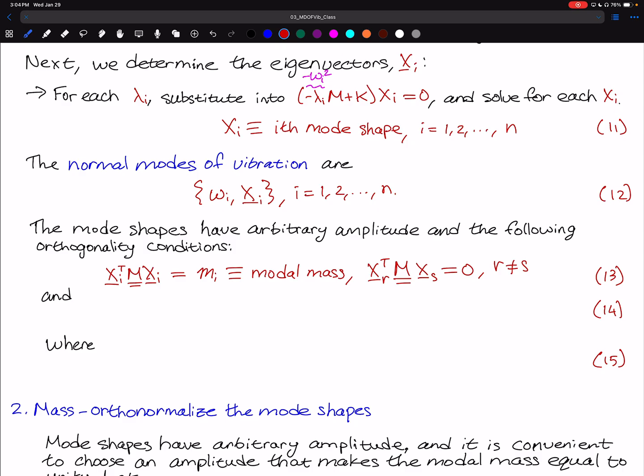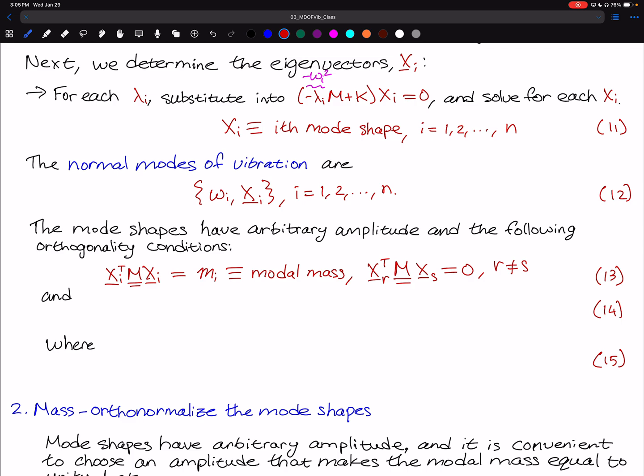So what this means is that the mode shapes are mass orthogonal. They're orthogonal with respect to the mass matrix. They're not orthogonal with respect to each other unless your mass matrix is proportional to an identity matrix.